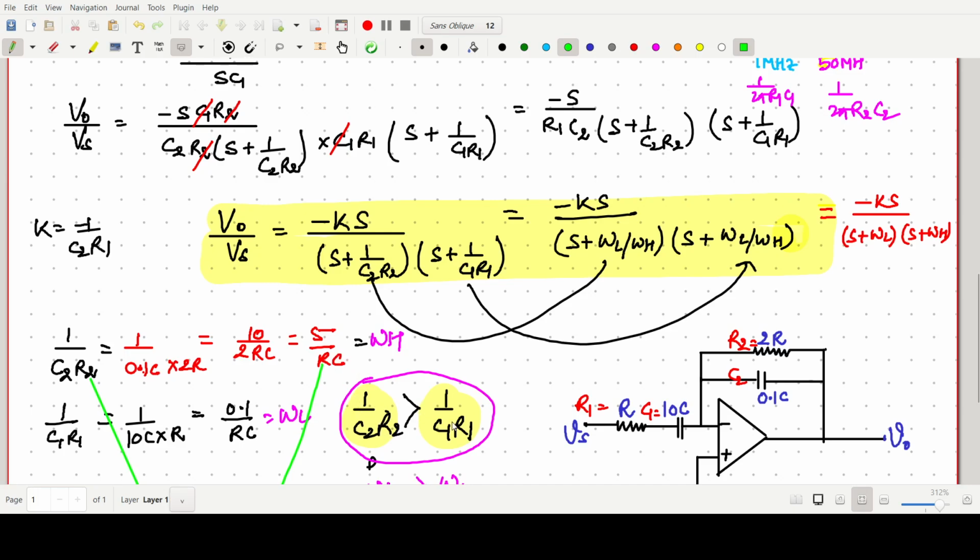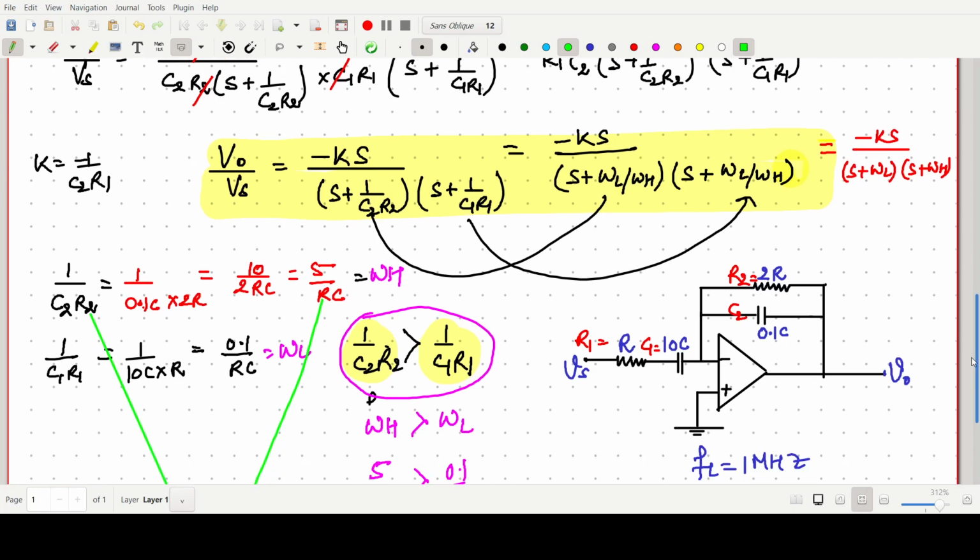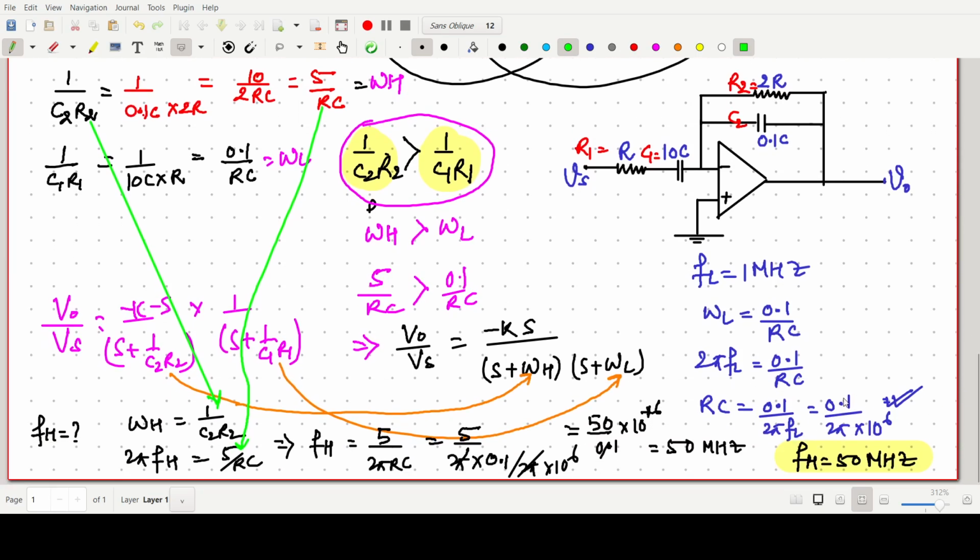So omega H, omega L, then 1 by RC value is known to us now from this expression. FL is there, we have found the value of RC. So now FH is 5 by 2 pi RC, then we have to put in the value of RC.